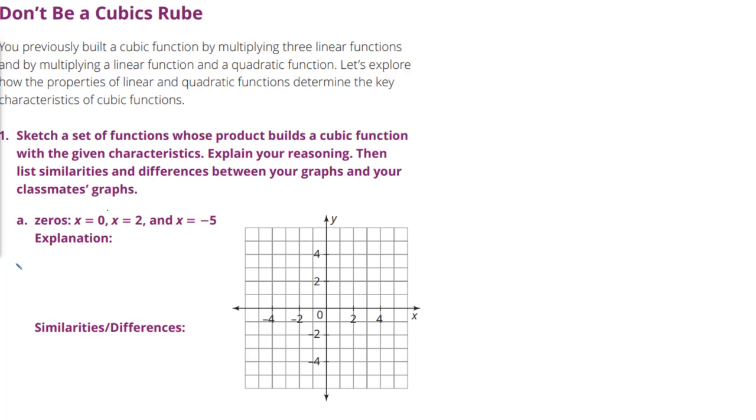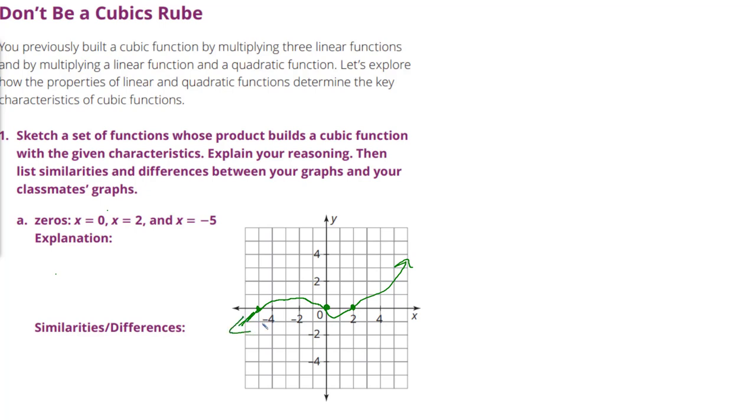And so my zeros were at x equals 0, 2, and 5. Now, it doesn't tell me any more information. So I don't know which way my graph's coming from, but I chose just to go ahead and do a basic positive one, positive A, which means my graph could look something like this.